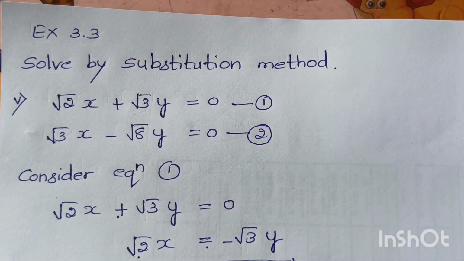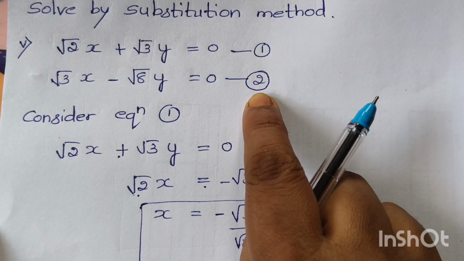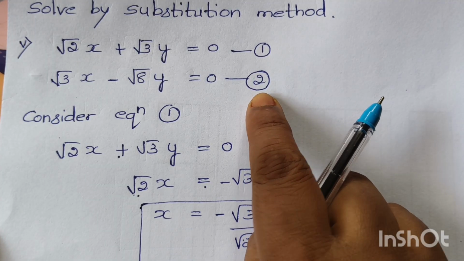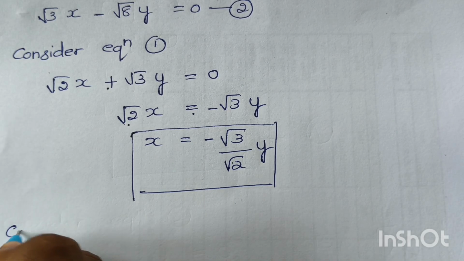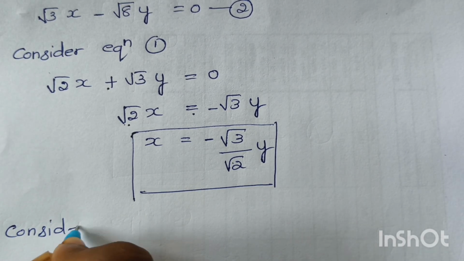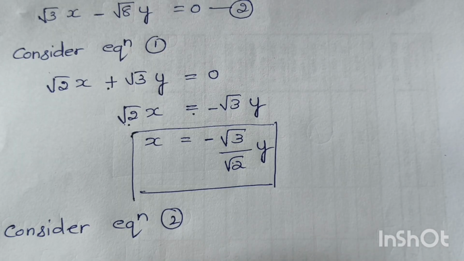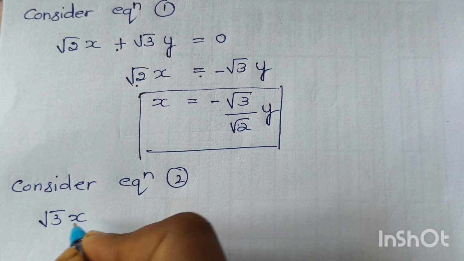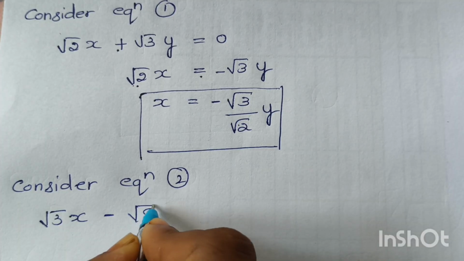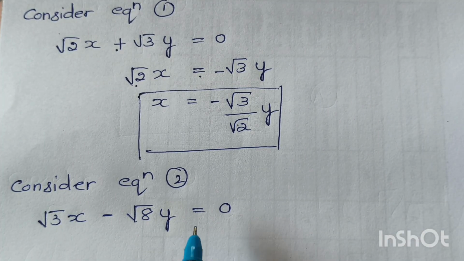Now we have to substitute the value of x in equation 2. So let us consider equation 2, that is √3x − √8y = 0. This is our equation 2.